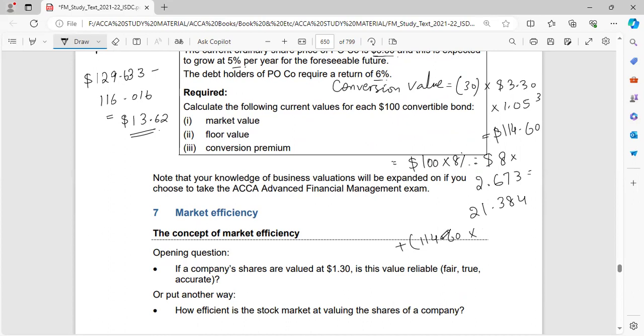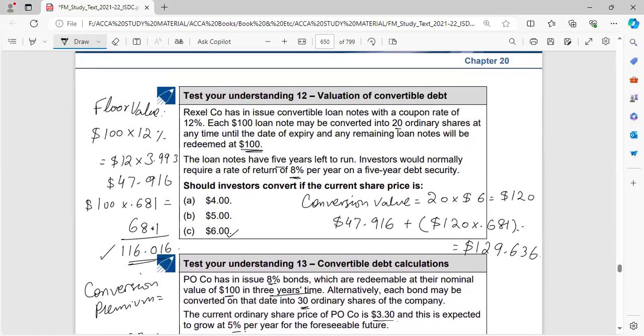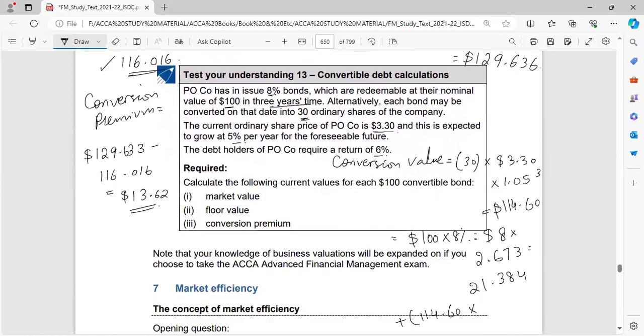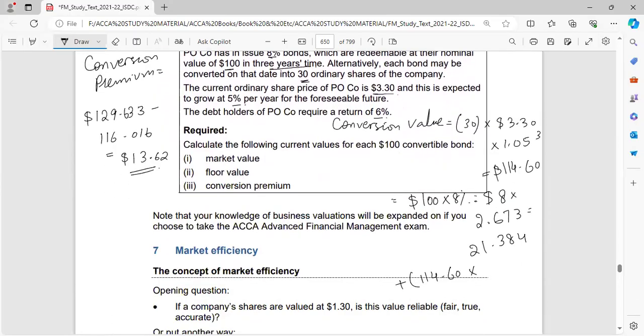So now we will use the 3-year present value factor at 6%, 0.840. 114.6 into 0.840 is 96.264.